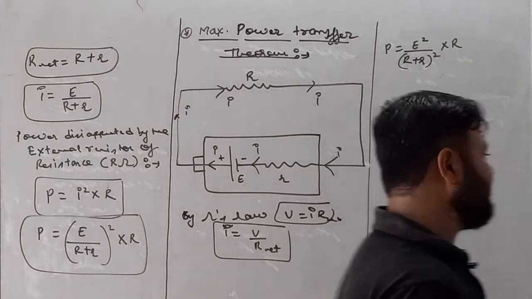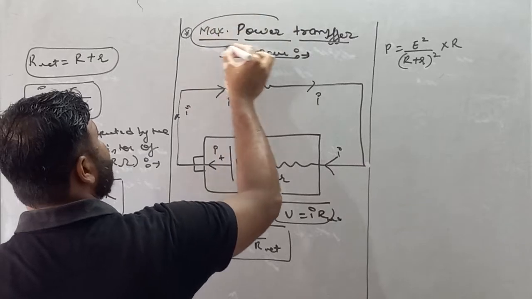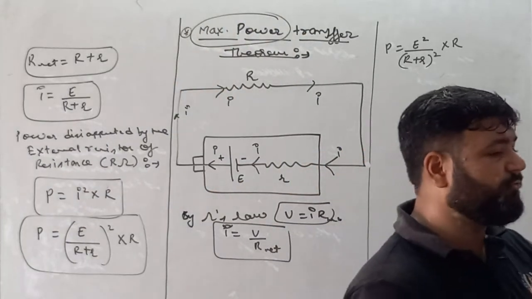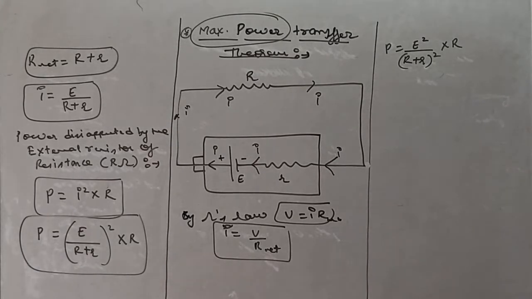Now see, my dear student, we want to find the maximum power. Remember, there is a concept of math: if we wish to find maxima or minima, then we have to differentiate the term and put it equal to 0.